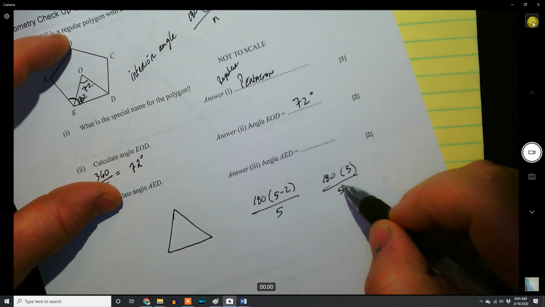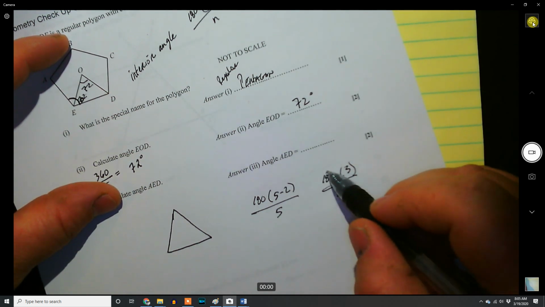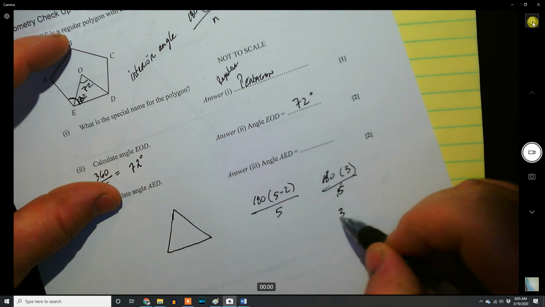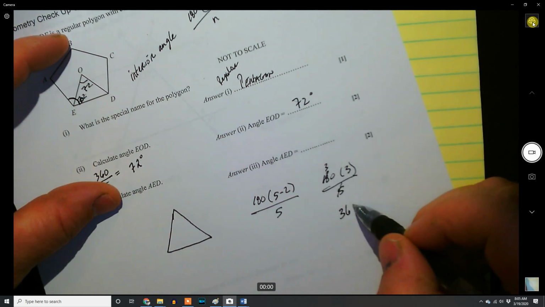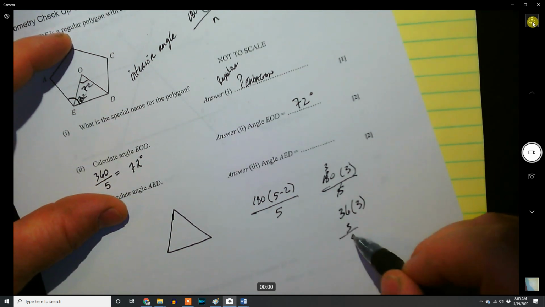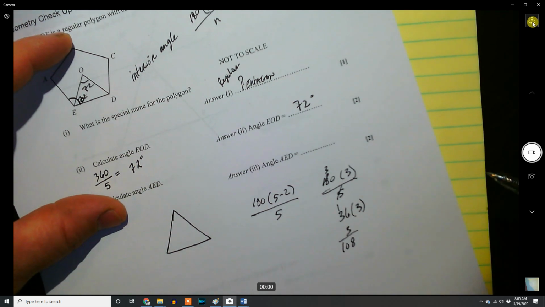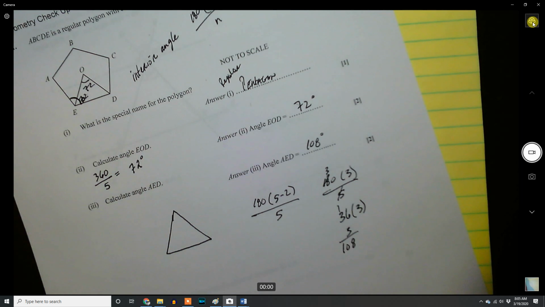So let's go ahead and do that. 5 goes into 18 3 times with a remainder of 3. 5 goes into, there we go. So 36, 108. So 108 degrees.